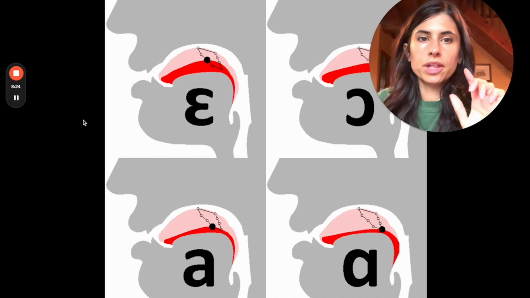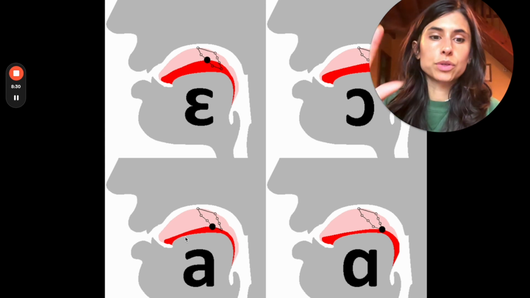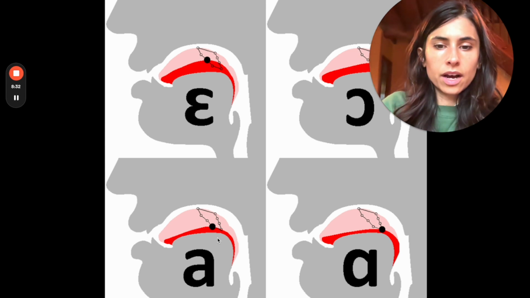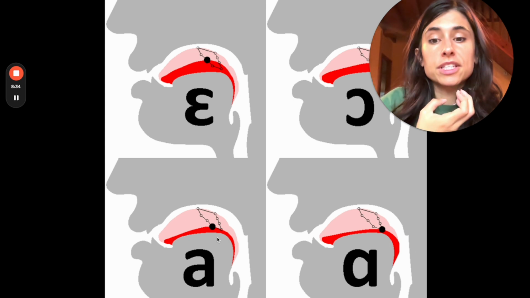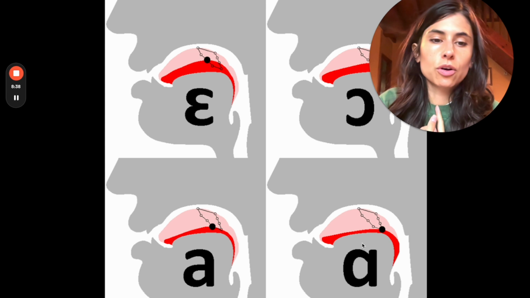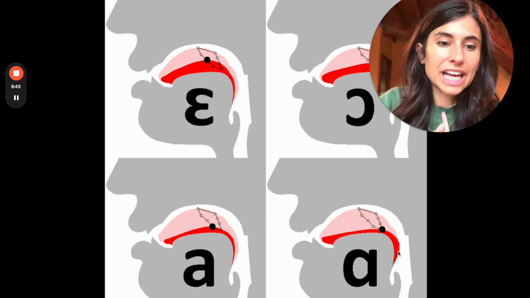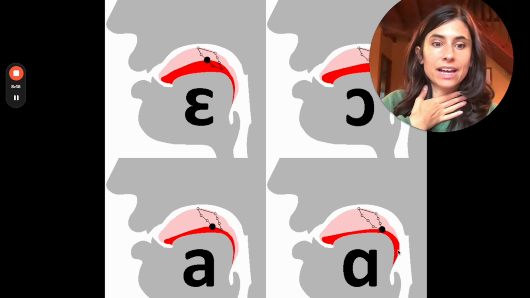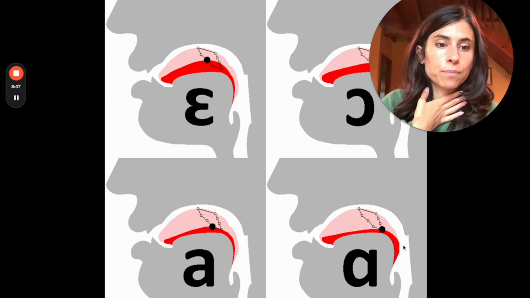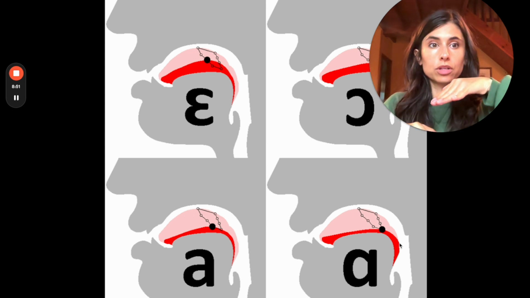I'm going to also show you this diagram, which is really visual, so you can see the differences between the a in Spanish and the a in bar. As you can see, this represents the tongue, and the tongue is kind of touching the back of your throat. So it's like zoop, back.